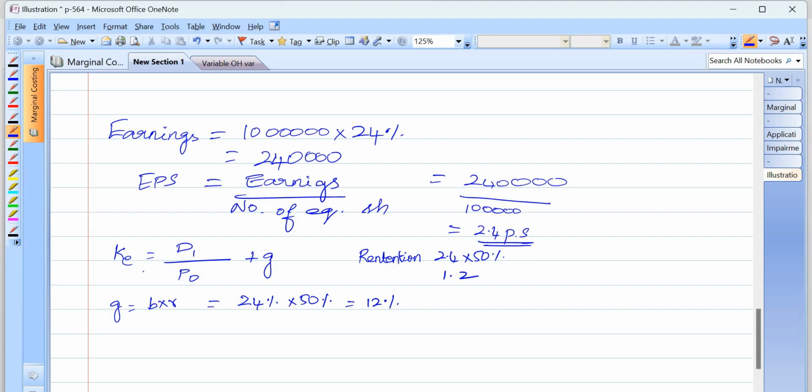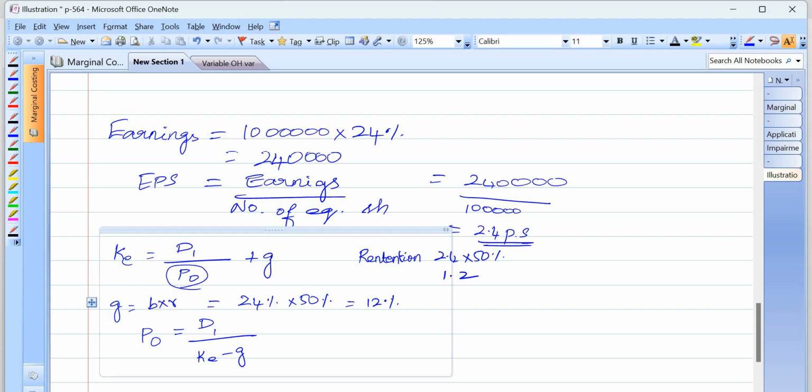So now I want to calculate P, this price P0. So what I have to do is bring this formula into its final form, D1 divided by KE minus G. If I am bringing everything from the left hand side to the right hand side, I will be getting P0 is equal to D1 divided by KE minus G. So what is D1? D1 is my payout.